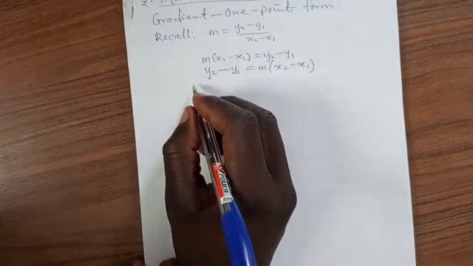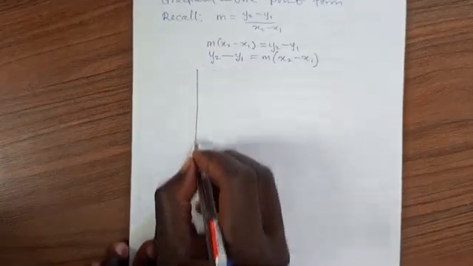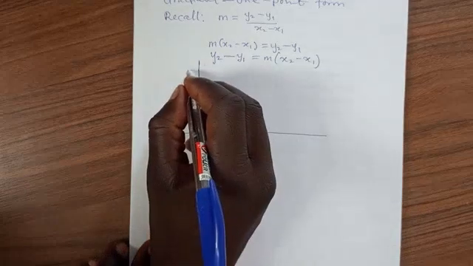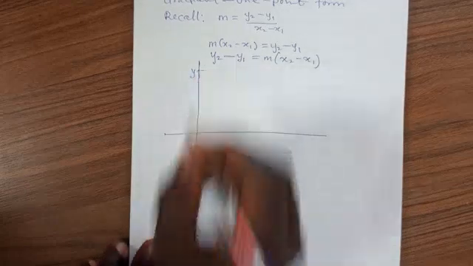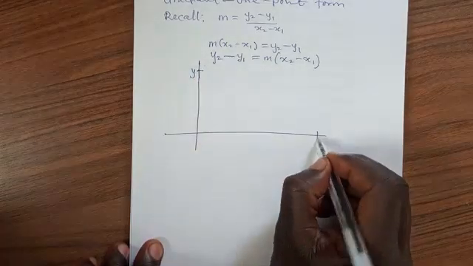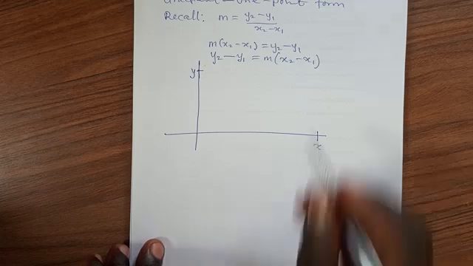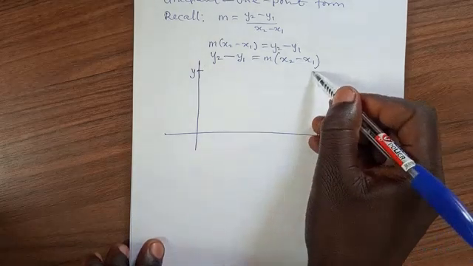Suppose now that in a Cartesian coordinate system, we consider an arbitrary point, y, on the y-axis, and we consider an arbitrary point, x, on the x-axis as the maximum value of x under consideration.